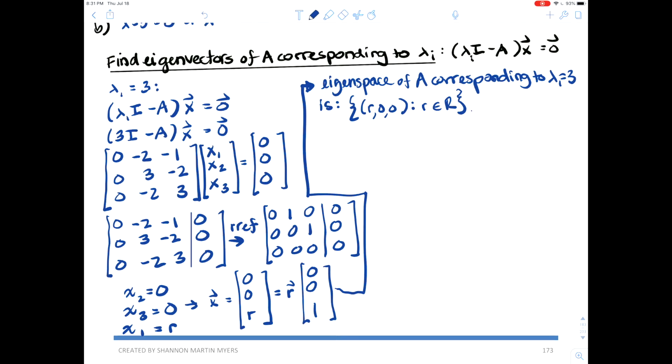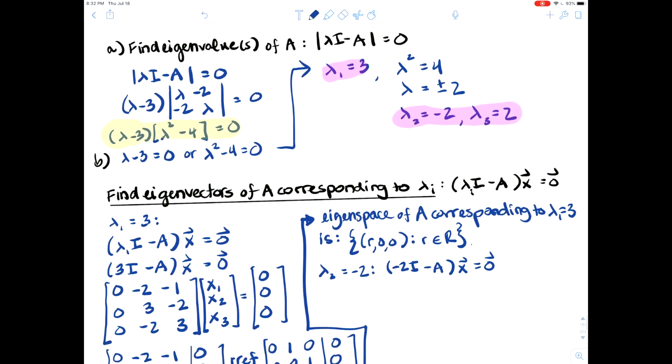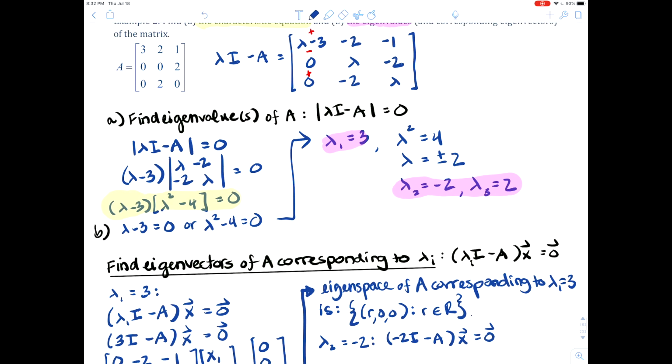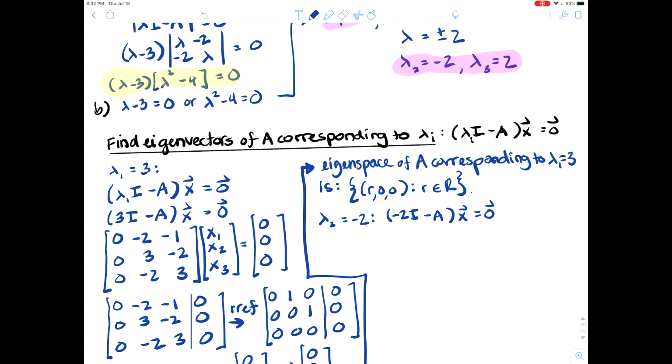Now, what about the next one? So for lambda 2 equal to negative 2, let's see what we get. Well, we'll have negative 2 times I minus A times x equal to the 0 vector. And what will we get for that? Negative 2I minus A. Beautiful. The diagonal will be negative 5 and then negative 2, negative 2.